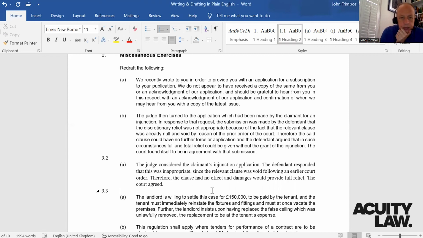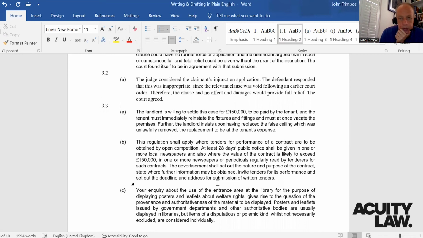The next one, before I totally blitz this page with my redraft there, this was exercise C. The landlord is willing to settle this case for. Like I said, this is basically an exercise in tabulation.